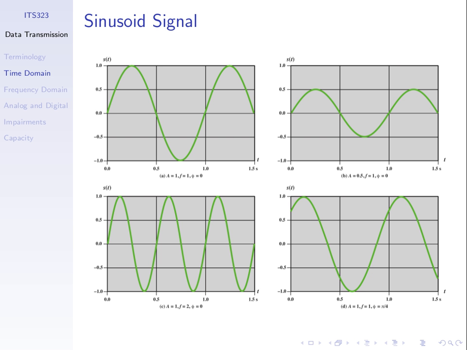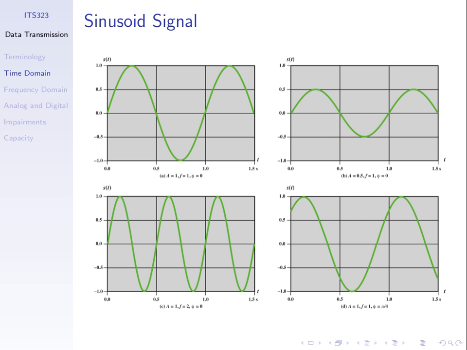It's uppercase A equals 1, f equals 1, and the phase equals 0. Let's write the equation, maybe over here. I'll call the top one figure A. Let's call the signal SA of t, that is, the signal strength as a function of time can be expressed by this equation.